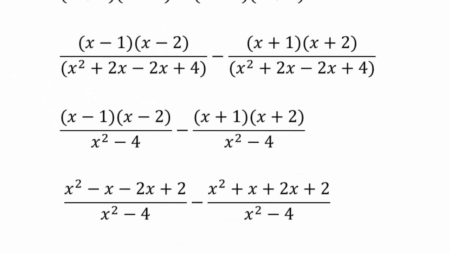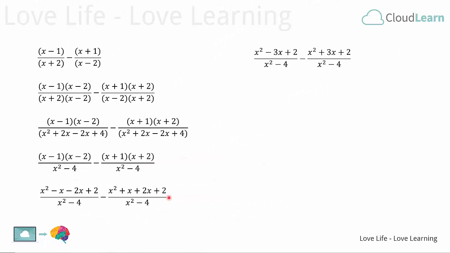Now, going back to the problem, we can see that we have the top now multiplied out. X times x gives x squared. Minus 1 times x gives minus x, minus 2 times x gives minus 2x, and minus 1 times minus 2 gives plus 2. On this side we've got x times x gives x squared, 1 times x gives x, 2 times x gives 2x, and 1 times 2 gives 2.